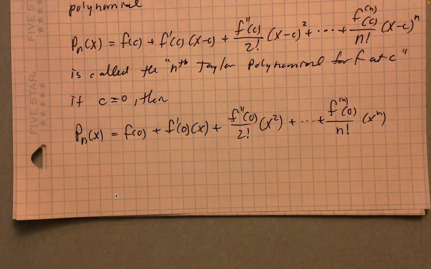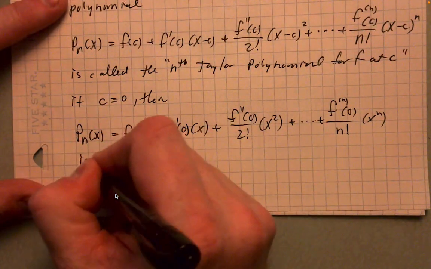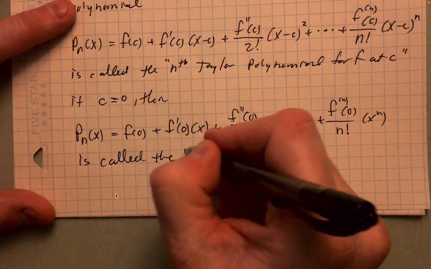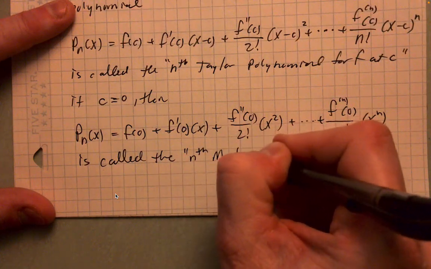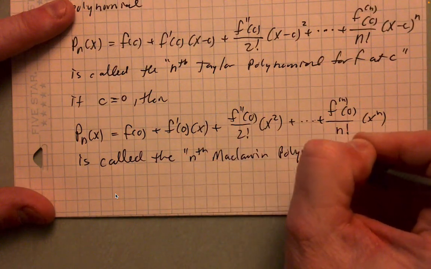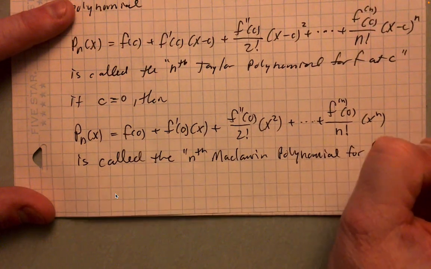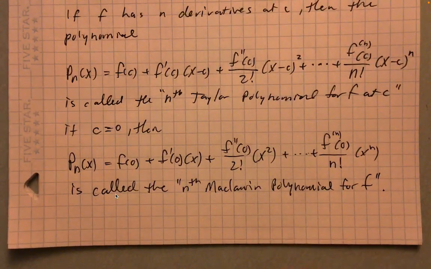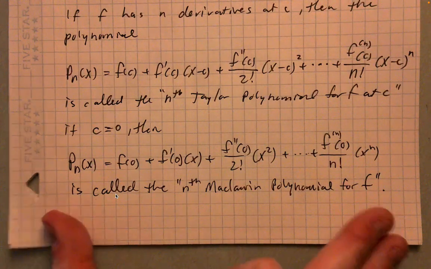This is the case where the polynomial is centered at 0, and it's called the nth Maclaurin polynomial for f. So it's basically a Taylor polynomial centered at 0 with a special name.